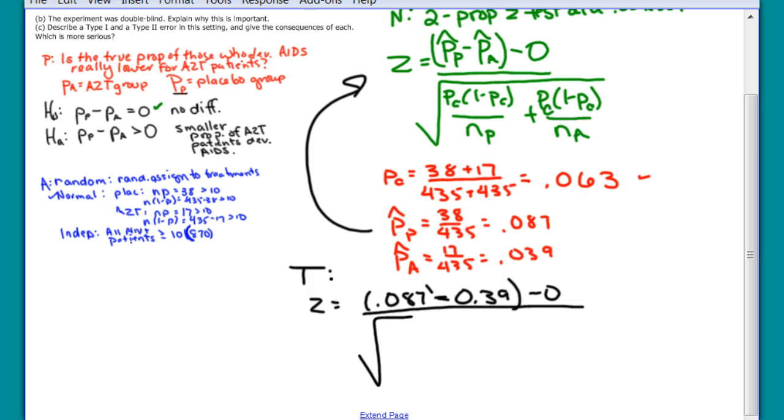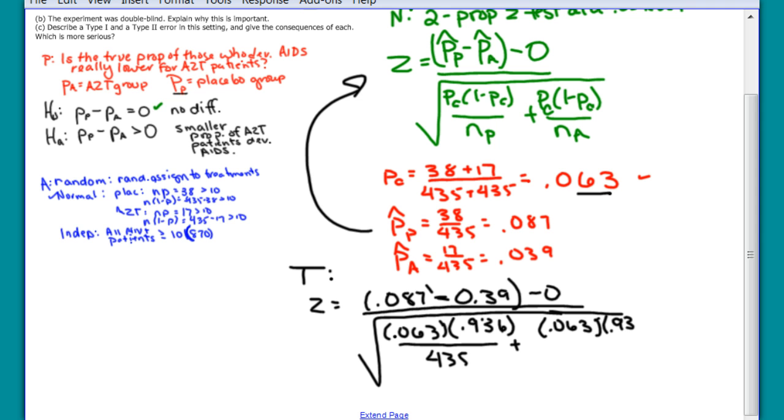And then we'll divide by, now we've got to use this pooled proportion here, 0.063 times 1 minus 0.063. 1 minus 0.063 is 0.936 over 435 plus, and as luck would have it, we're going to have exactly the same number over here, 0.936 over 435.